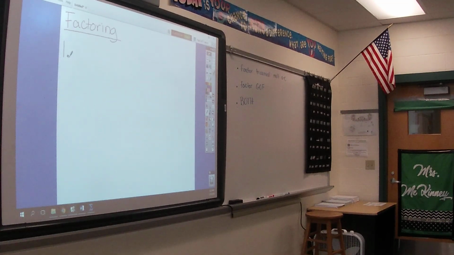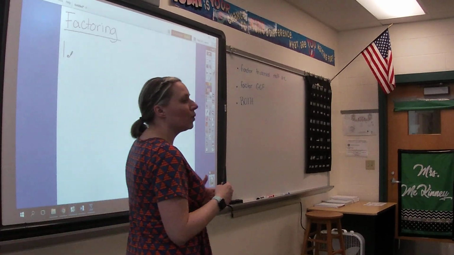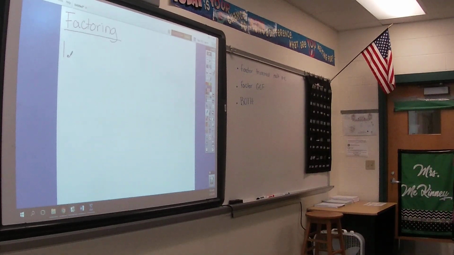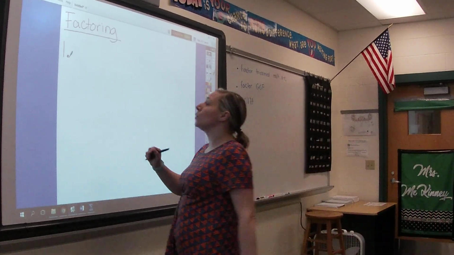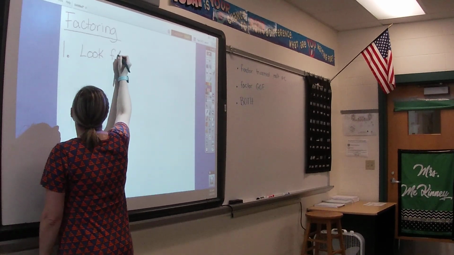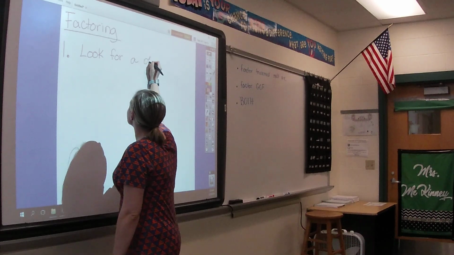If we are given instructions that just tell us to factor, the very first thing that we are going to do is to look for a GCF, because a GCF does not have restrictions based on the number of terms. So the first step is to look for a GCF.